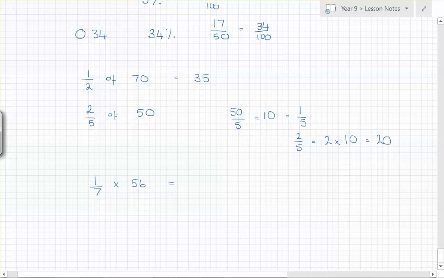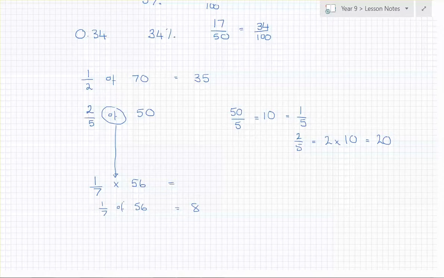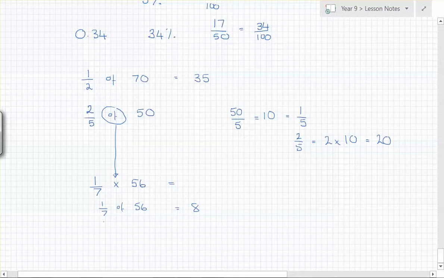If I said to you, instead of times, put the word of, so 1/7 of 56. It's 8. So times just means of. 2 times 3 is 2 lots of 3. The times symbol just means of. So 1/7 times 56 means 1/7 of 56.